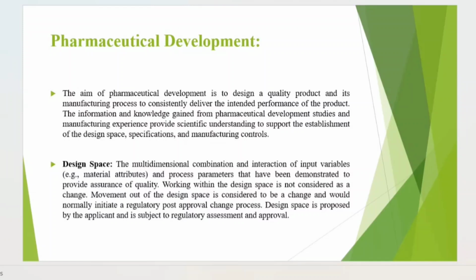But after the approval, if the company is deviating from that design space, means they are changing the excipients, they are changing the process parameters, then it is called a change, and that change should first be approved by the authority via a variations process, and only then can it be implemented in actual pharma manufacturing. So that is called a change, and it is routed through the variation process.